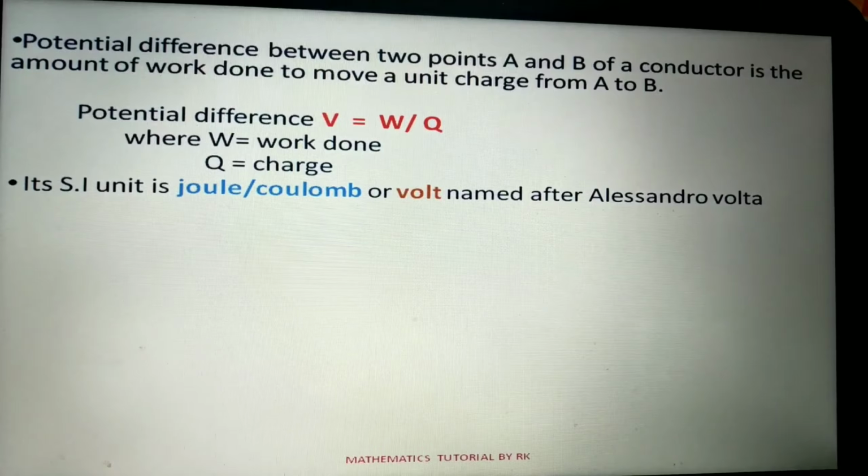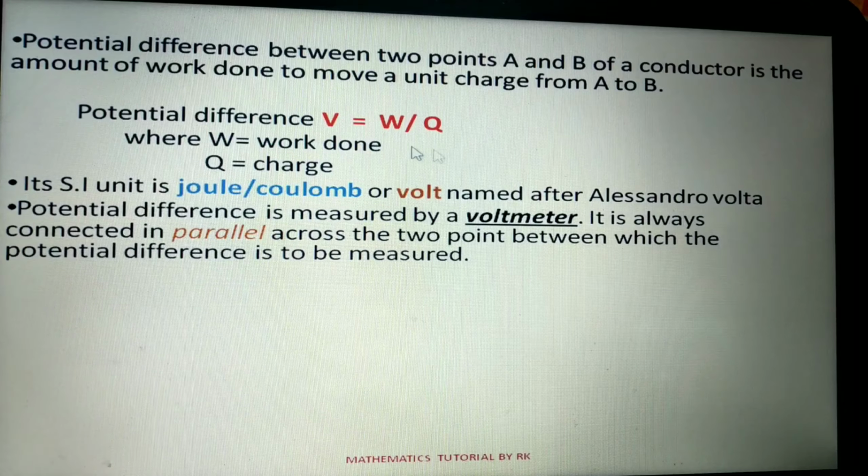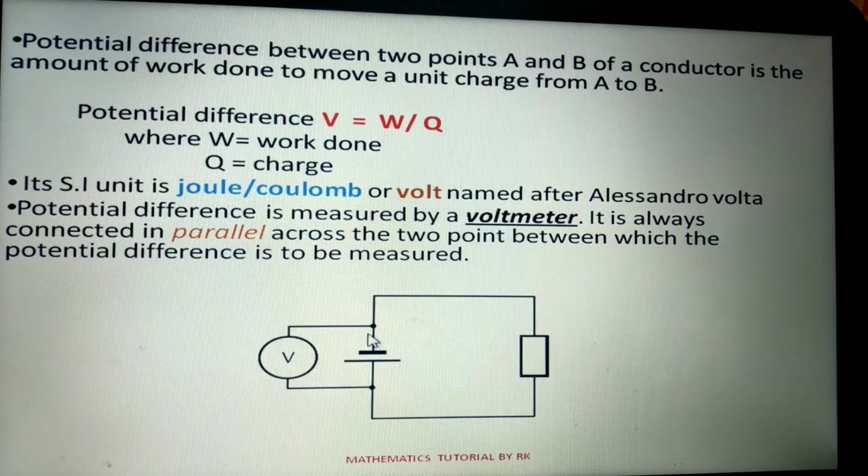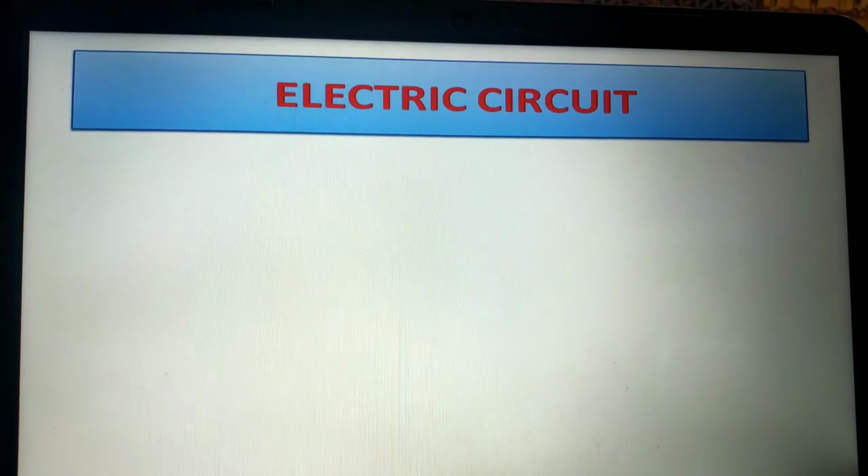Its SI unit is joule per coulomb, or volt. It is named after Alessandro Volta. Potential difference is measured by an instrument called a voltmeter. It is always connected in parallel across the two points between which the potential difference is to be measured, as shown in the figure.